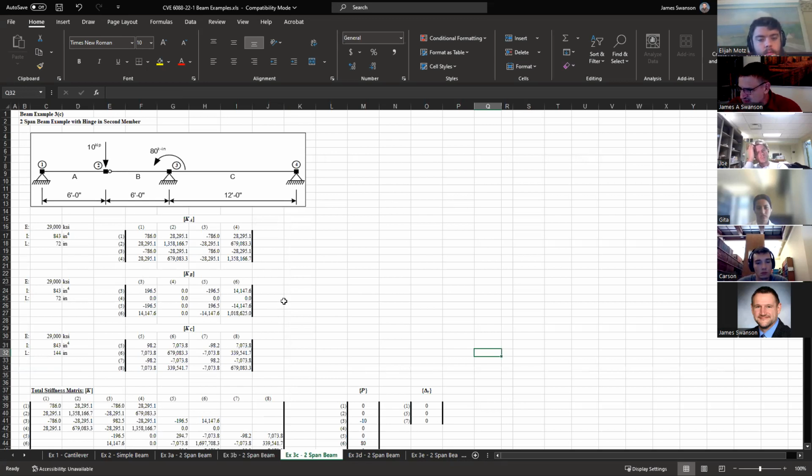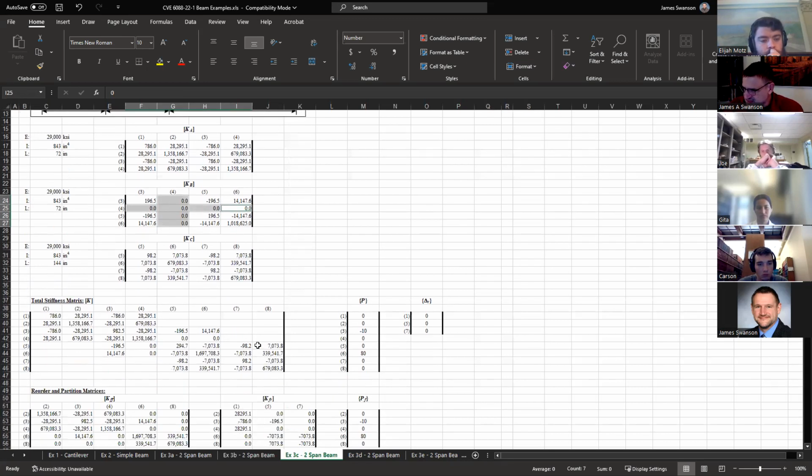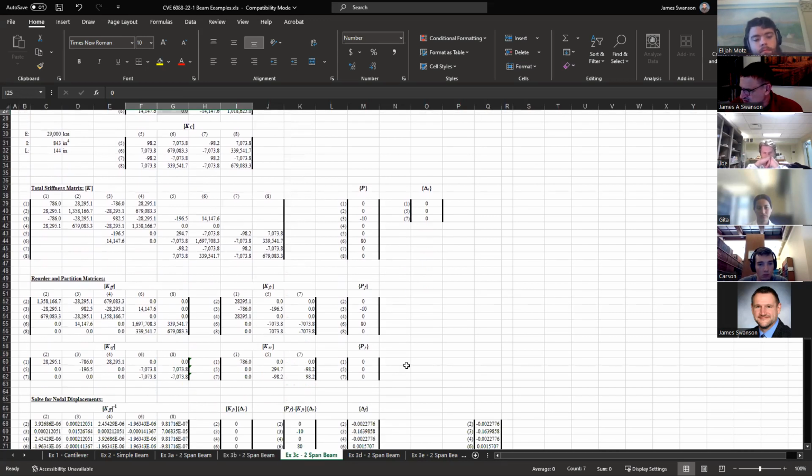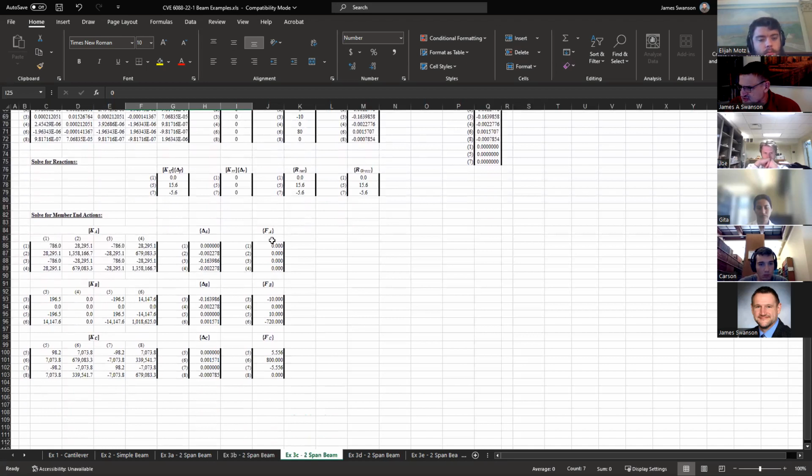Now when I look at the element stiffness matrices, note that the second row and second column of the stiffness matrix for element B are zeros. That's because it is a different stiffness matrix, since that element has a release in it. And so that works out just fine. We can go through the assembly process again, solve for the free degrees of freedom, and then ultimately solve for the end actions in the member.